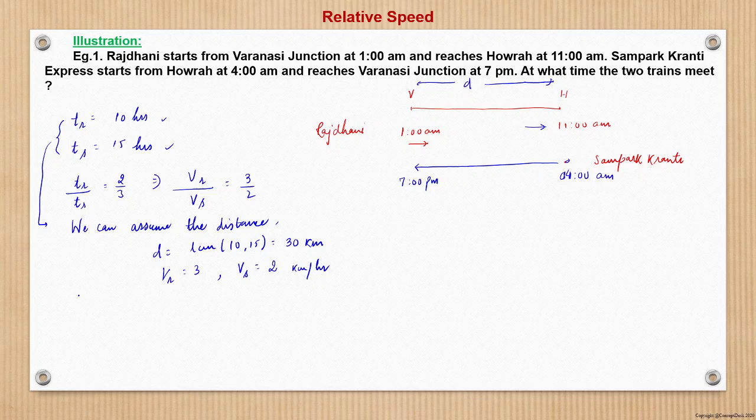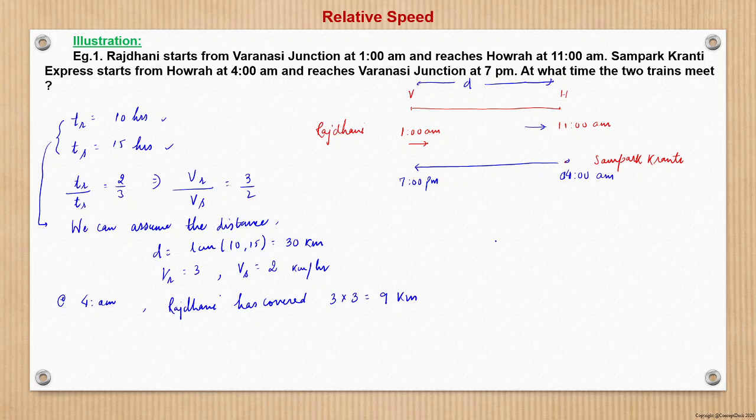At 4 am, Rajdhani has covered, at a speed of 3 for 3 hours from 1 to 4, 3 into 3, that is 9 kilometers. So out of the total distance of 30, Rajdhani has covered 9 kilometers.